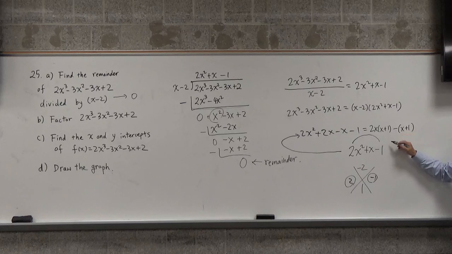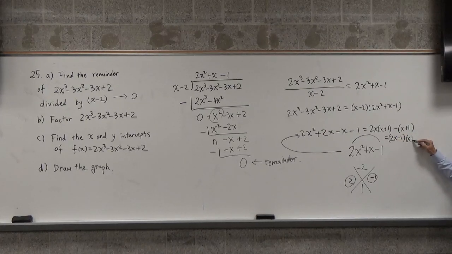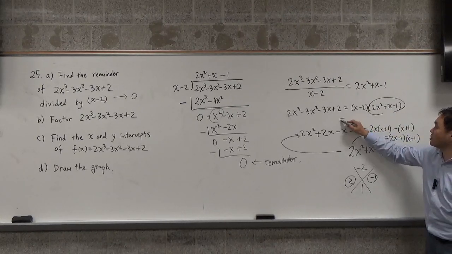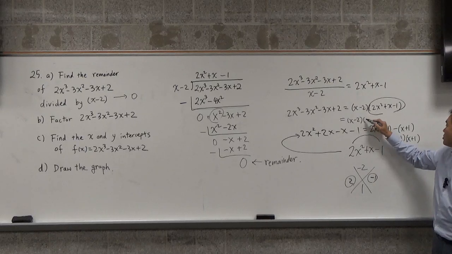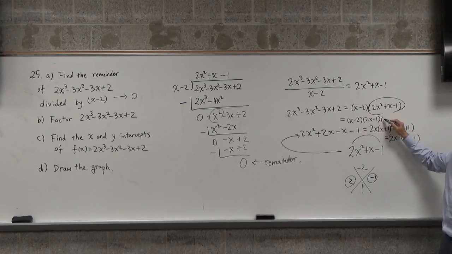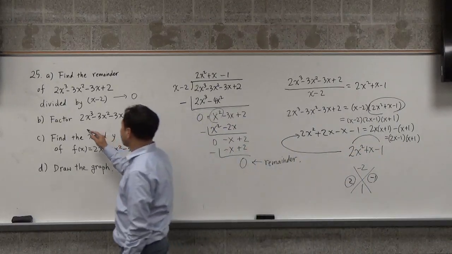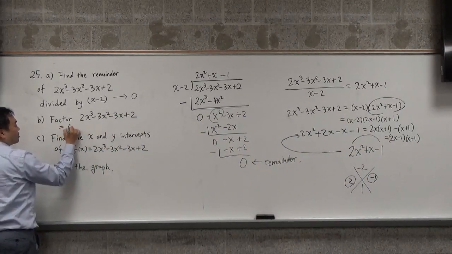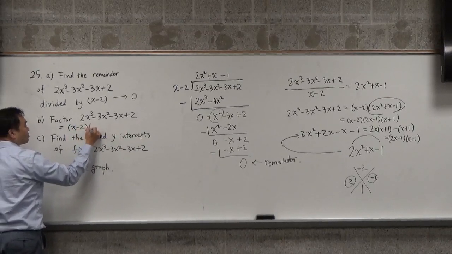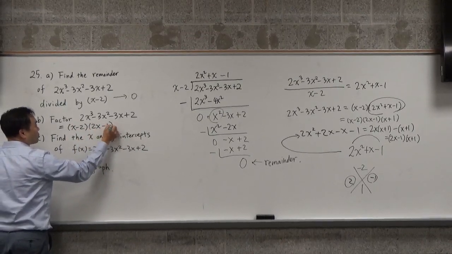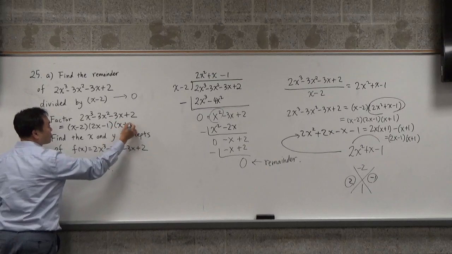And the result is 2x minus 1 times x plus 1. So we now know that this factors as x minus 2 times 2x minus 1 times x plus 1. That's the answer to the second one.